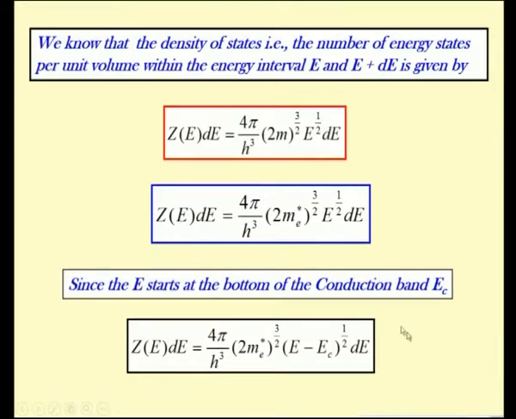And one more thing about semiconductors is that the energy of electrons commences from the conduction band minimum, and so there is a common shift of energy by E c and we use that.